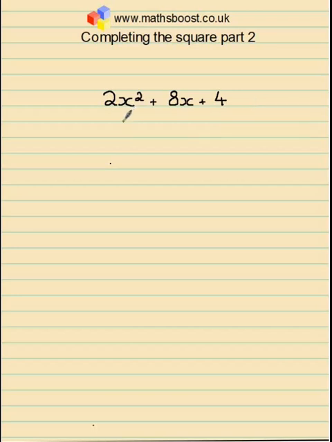We factorise the x squared coefficient from the first two terms. The x squared coefficient here is 2, so I'll factorise out 2 from the first two terms.